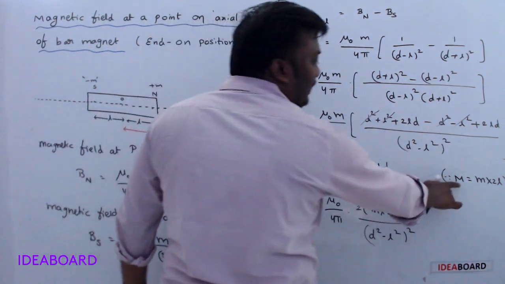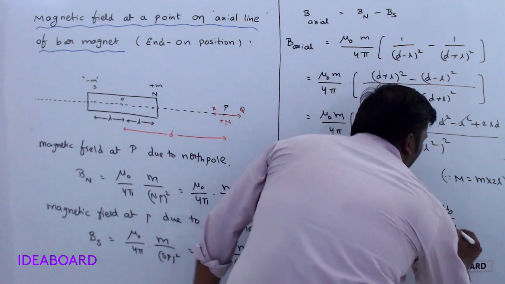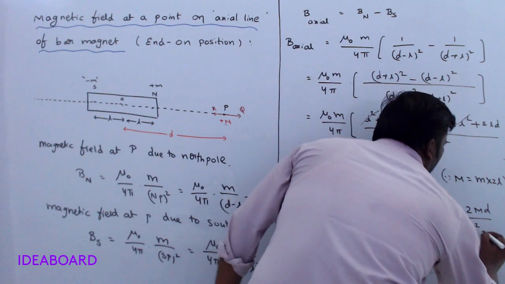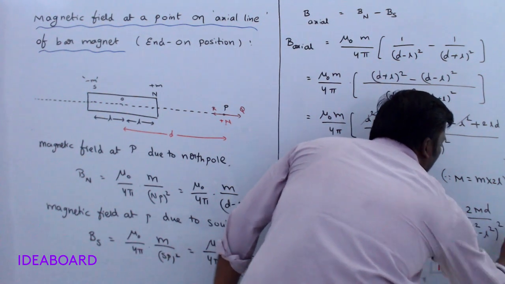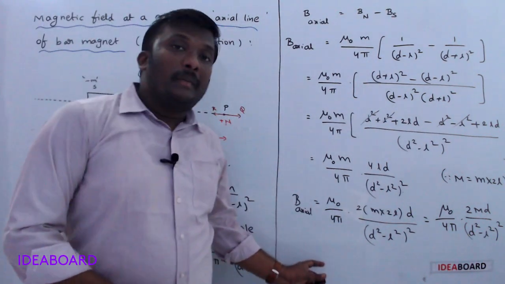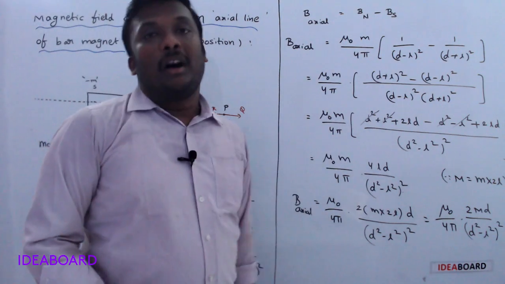Now m into 2L is nothing but capital M. So what is the formula? Mu naught by 4 pi into 2Md by (d square minus L square) whole square. This is the formula for the magnetic field induction along the axial line of the bar magnet.